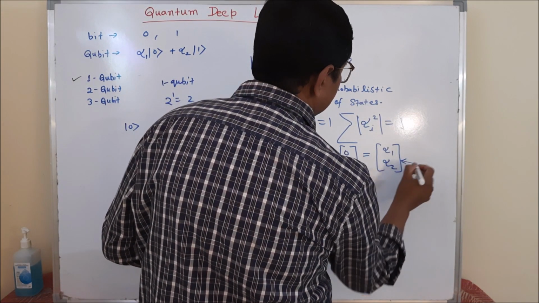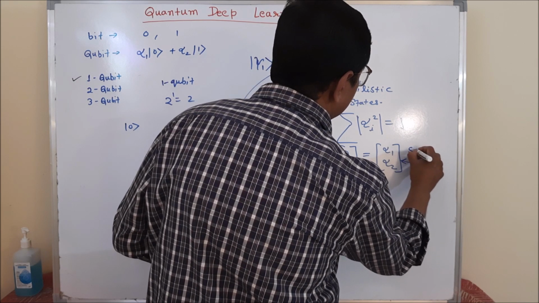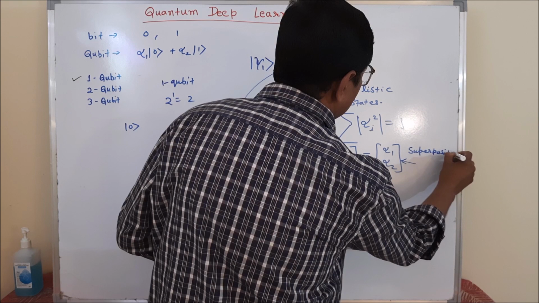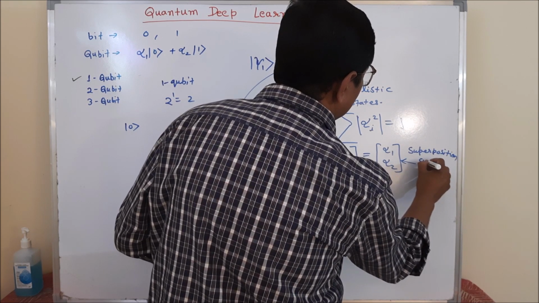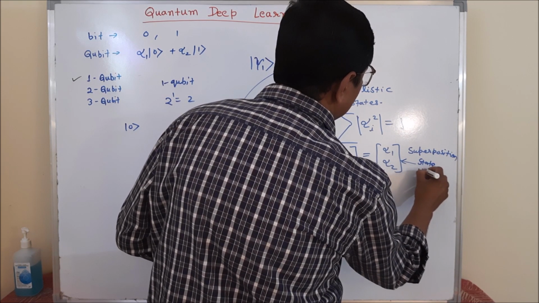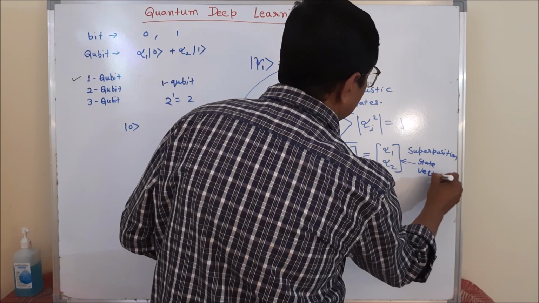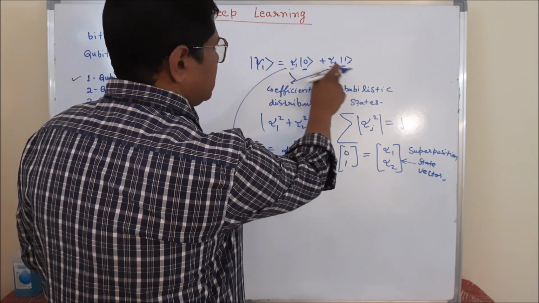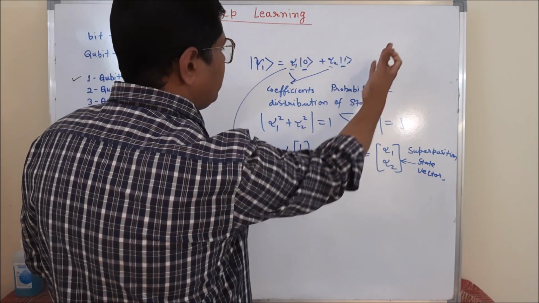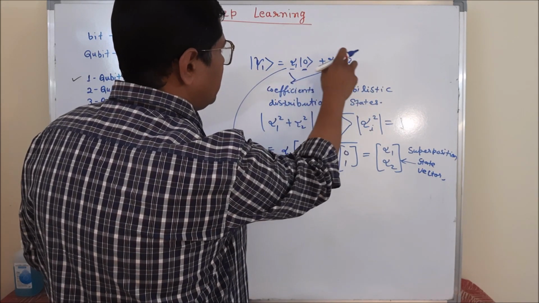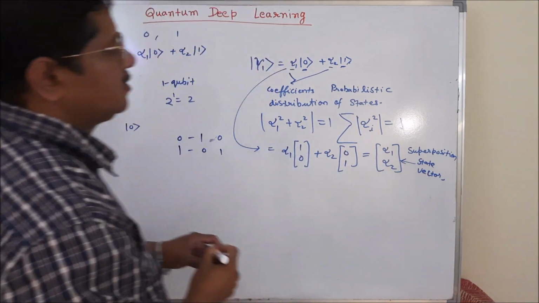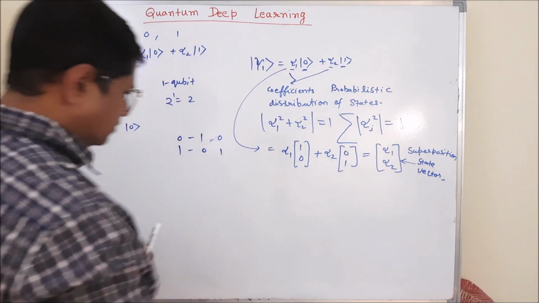We call this a superposition state vector. It gives the superposition states of both, like what may be the occurrence of this state, what may be the chances for this state. That's why we call this a superposition state vector.